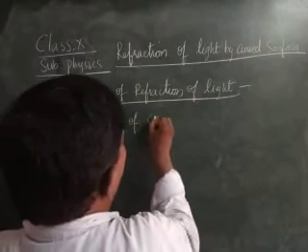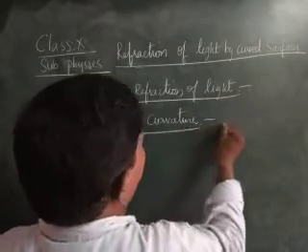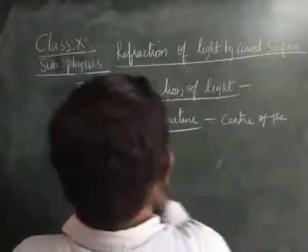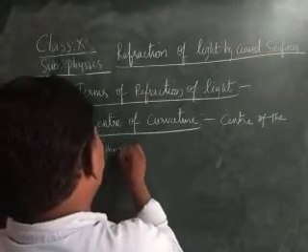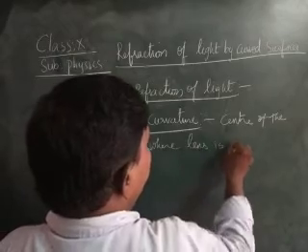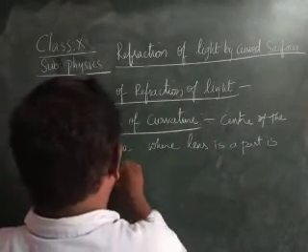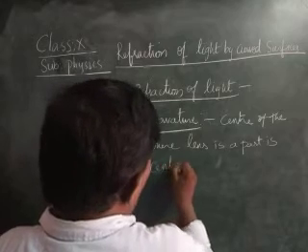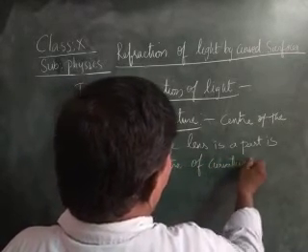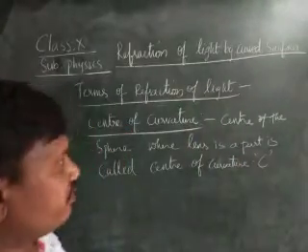Center of curvature means center of the sphere where the lens is a part. It is normally denoted by the letter C.